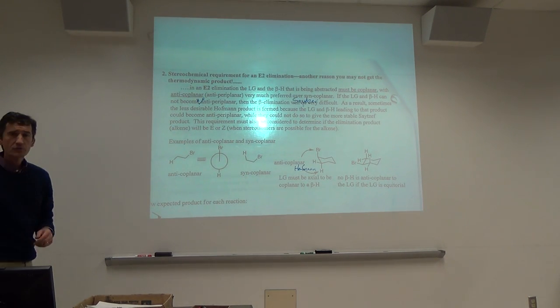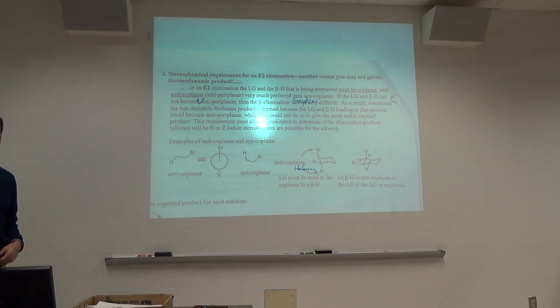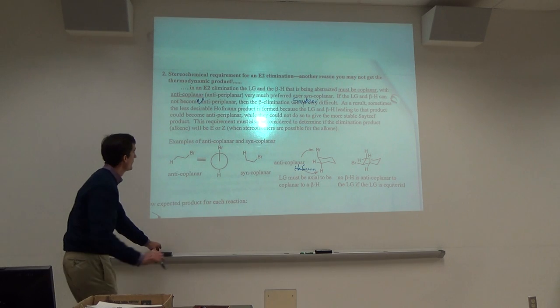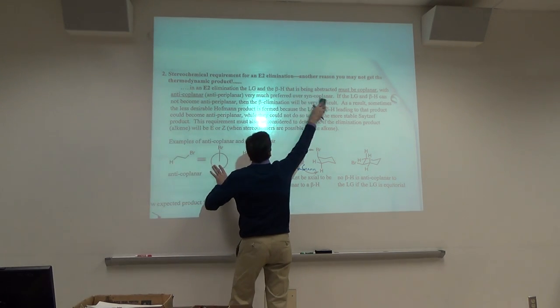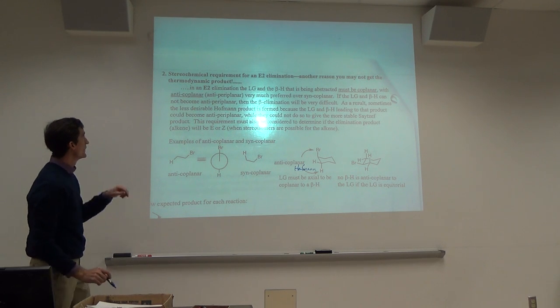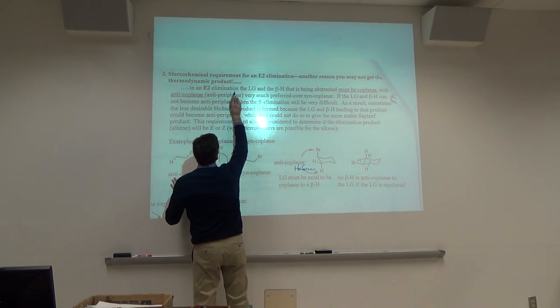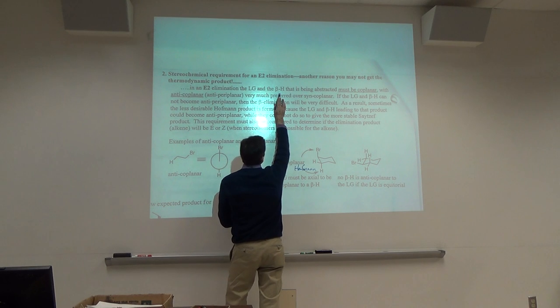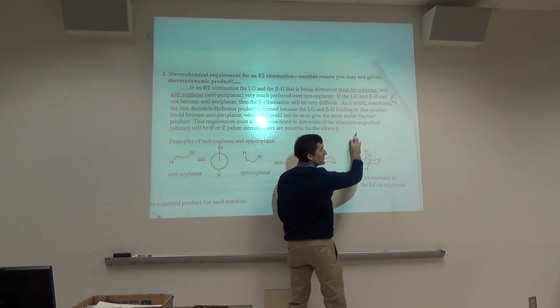Okay, also for E2 we have stereochemical requirements. In an E2 elimination, the leaving group and the beta hydrogen that's being extracted must be coplanar.